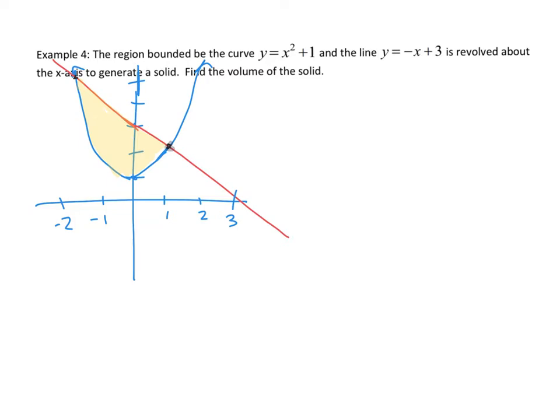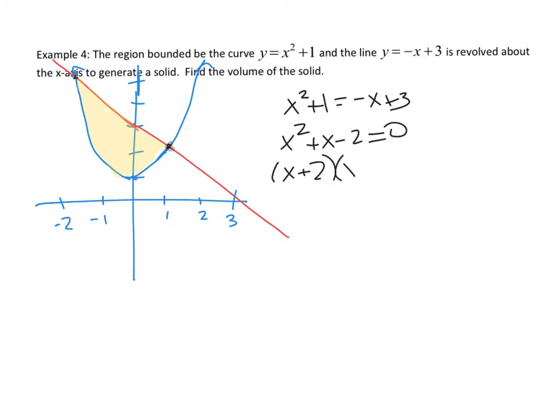And remember, we do that by setting these two equations equal to each other. And this one's thankfully factorable, so it's not too terrible. So you're going to find that the intersection points are at x equals -2 and x equals +1. You're welcome to go back and find the y values that go along with these. You just find them by substituting into the equation there.